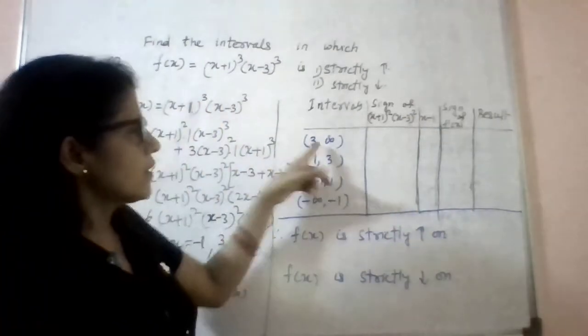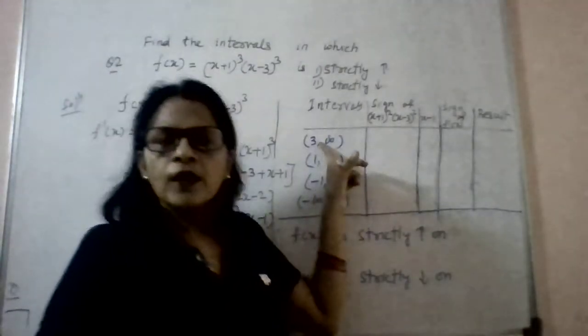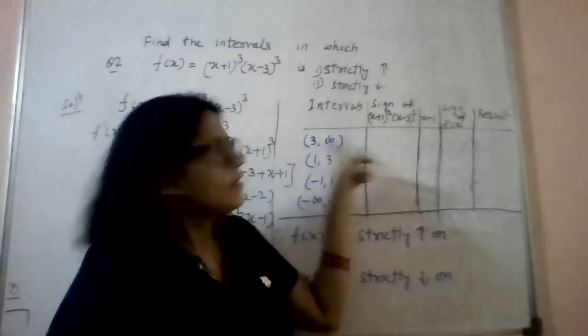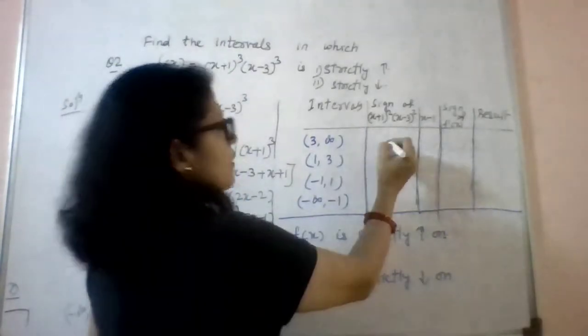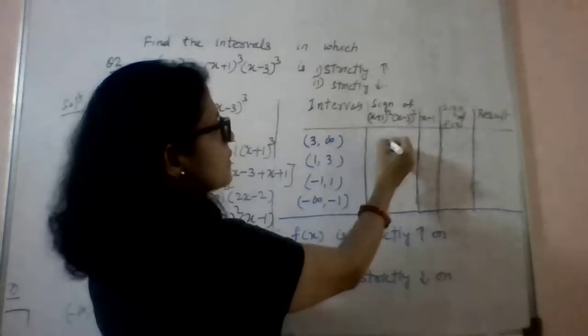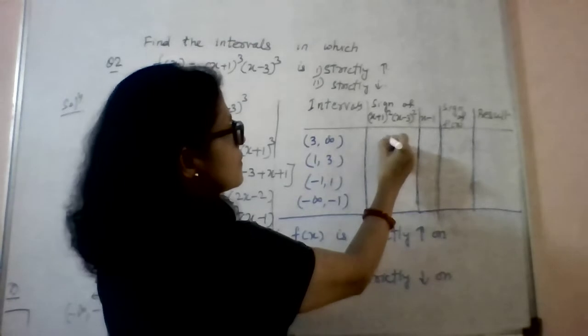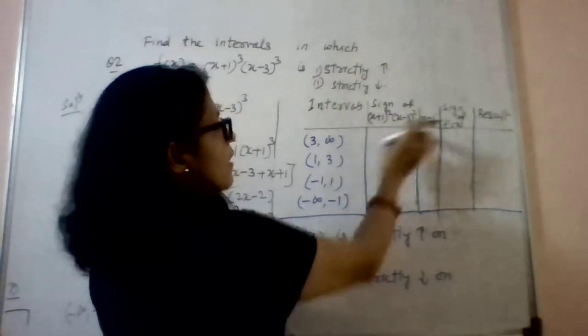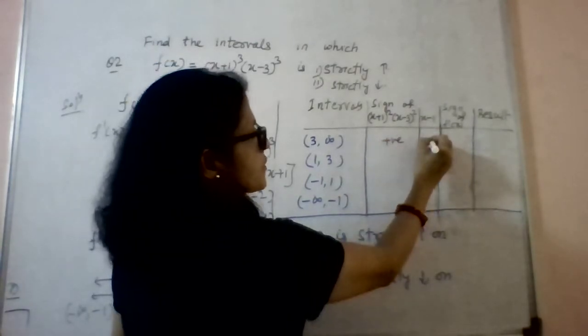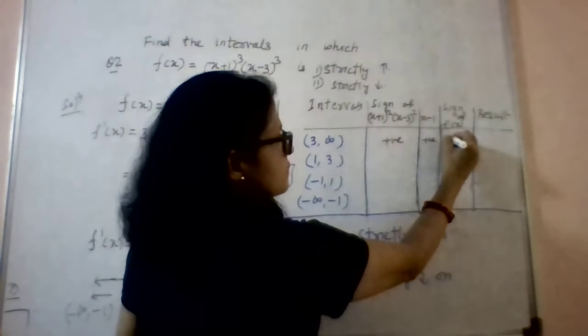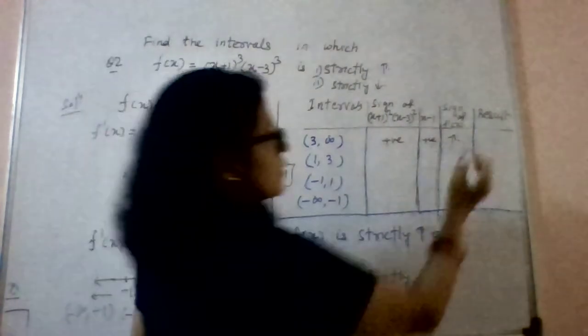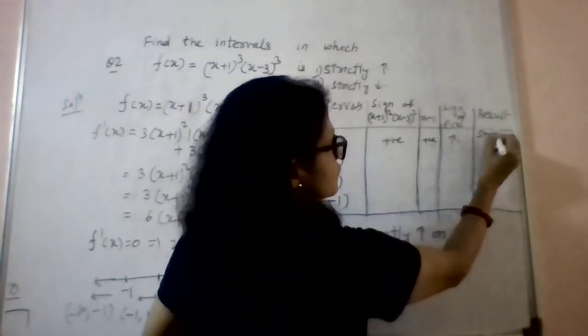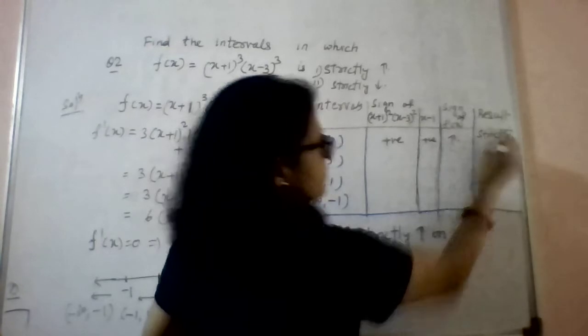If you take x equal to 4, which is more than 3, it is greater than 0, so it is positive, and 4 minus 1 also positive. F dash x positive means you are getting strictly increasing here.